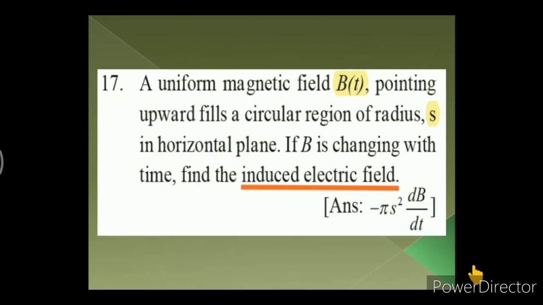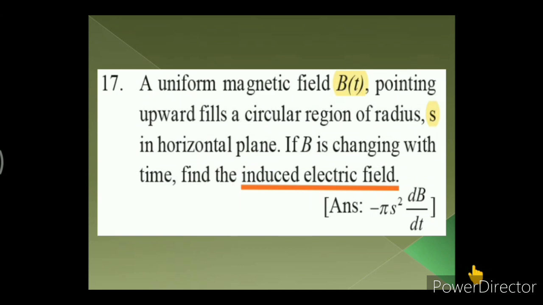The next and the last unsolved numerical from the textbook, question number 17, is: a uniform magnetic field B, a function of time, pointing upward fills a circular region of radius S in horizontal plane. If B is changing with time, find the induced electric field.